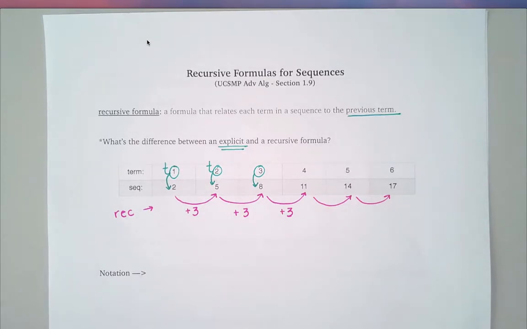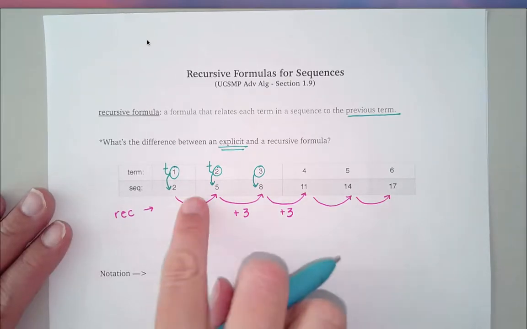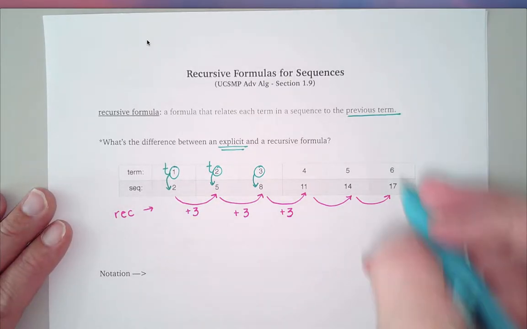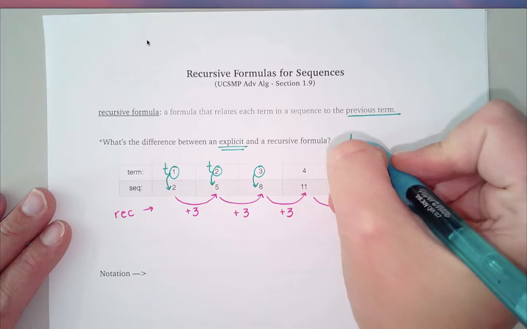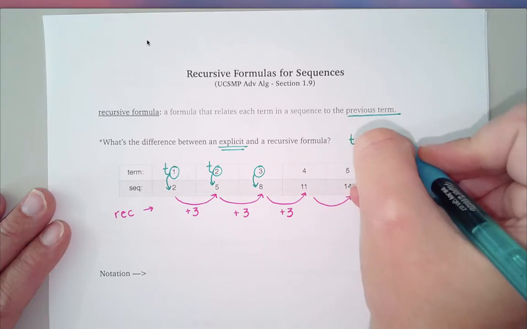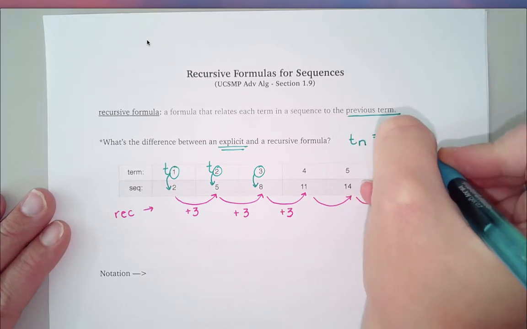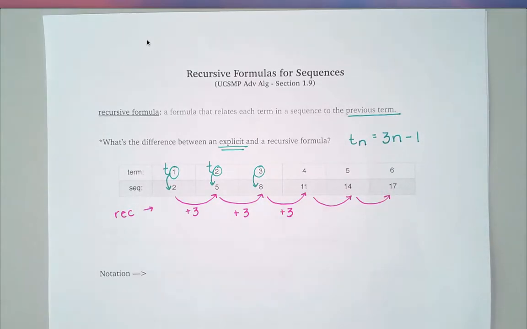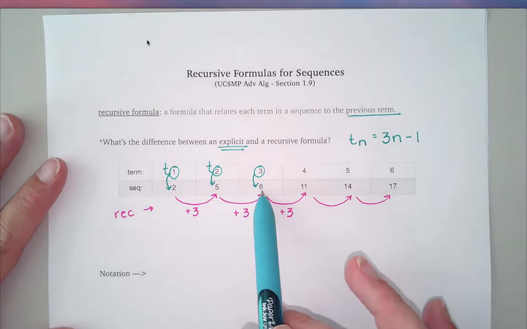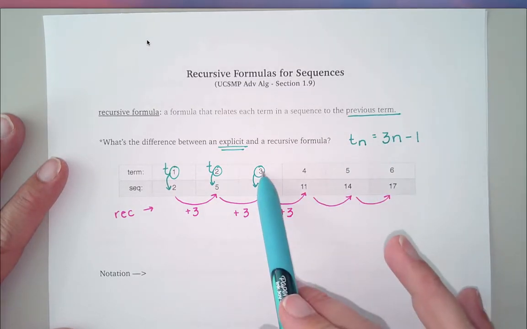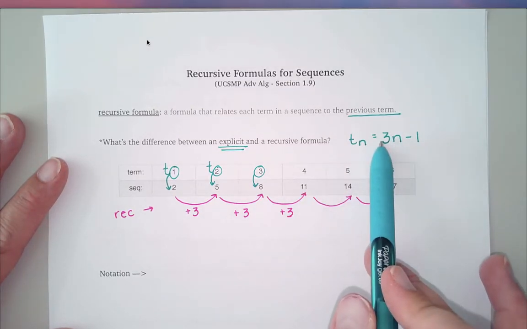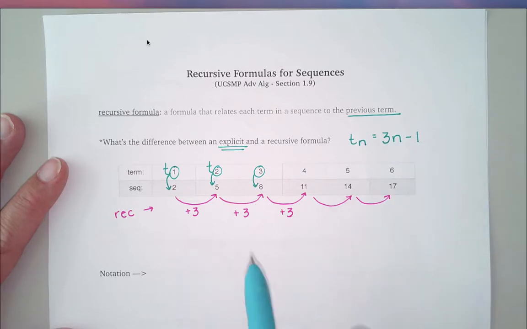Now, the explicit formulas are harder to come up with. I'm going to show you the explicit formula for this one. I do not expect right now that you know how to write this, that you know where this comes from. The explicit formula for this sequence is 3n minus 1. What that means is to get any term in this sequence, I take the term number, multiply it by 3, and then subtract 1. And if you check, that works, right?